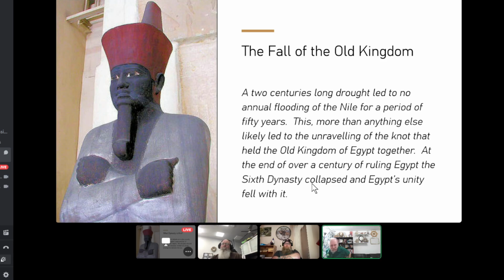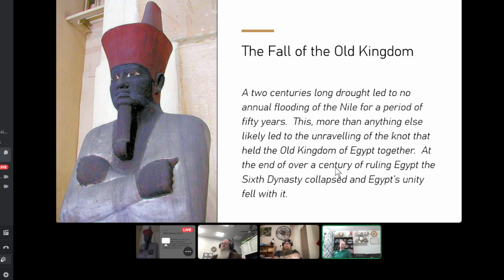So try to imagine your entire culture and economy have grown up around the Nile because it floods every year, which brings rich soil into your fields. It replenishes the nutrients because it brings them up from the river, and it replenishes your fields, and you have lush agriculture as a result.